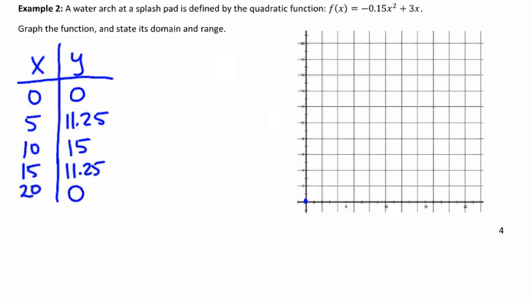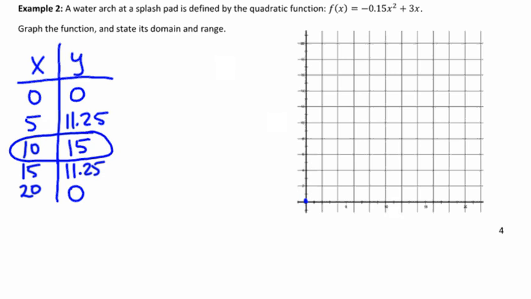All right, so here's our points. We have identical y values at 11.25. So what would be in the middle of 5 and 15? Well, you can already kind of see that point. It's right here.